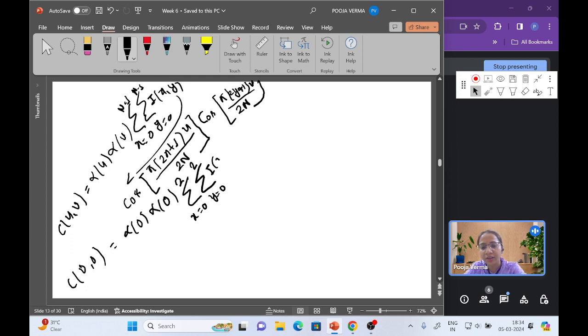And I(x,y), here in the cos, u is 0. So if we put 0 here, the whole part will be cos 0 only, because it is in multiplication. And here also v is 0. So this whole part will be cos 0 only. So can anyone tell me what is the value of cos of 0?